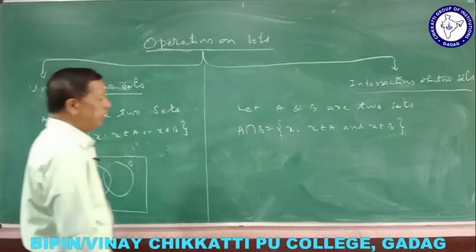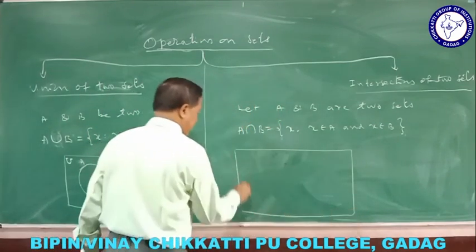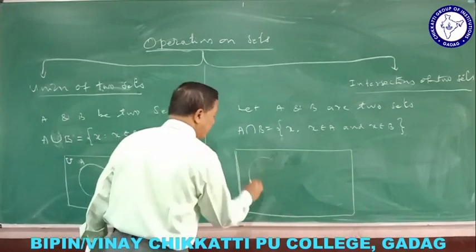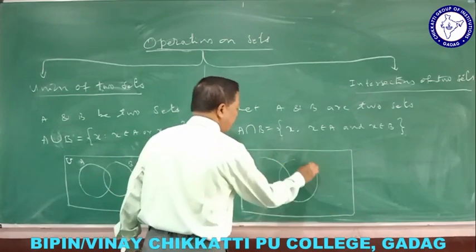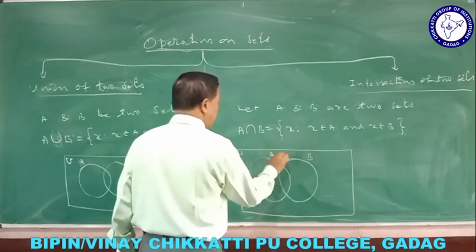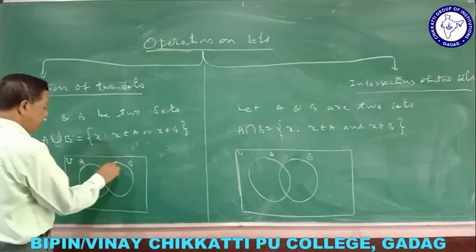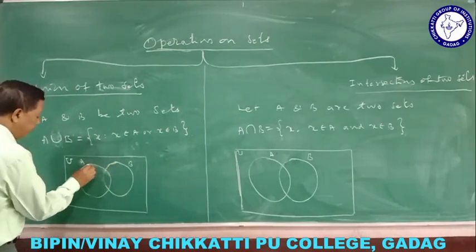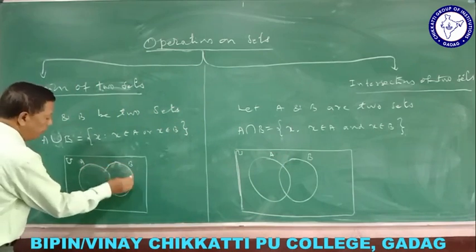In the same way for intersection, A and B are two sets inside U, and A union B is represented by this shaded portion. This is A union B.